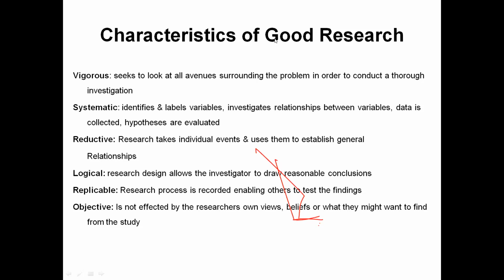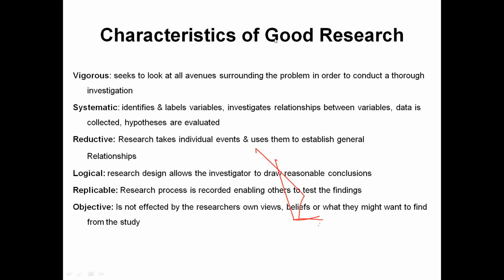But that is unethical. So to be ethical and to be honest, we should follow the characteristics of good research. A good research will have the following characteristics. The first one is it should be vigorous.